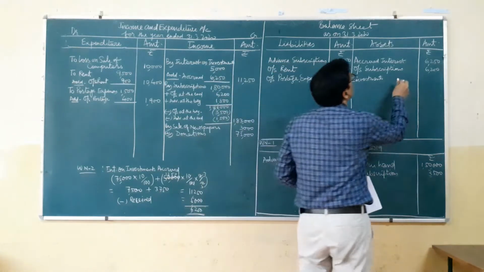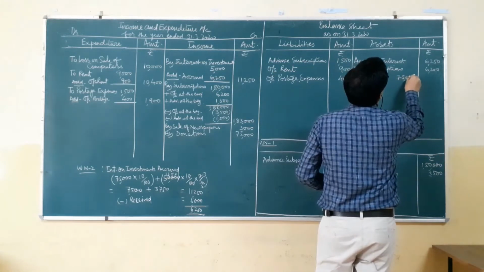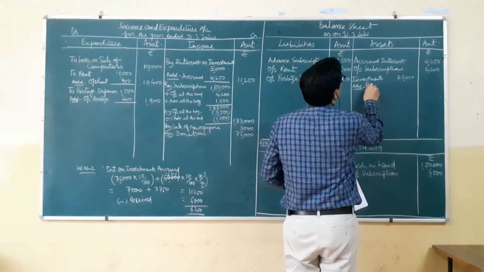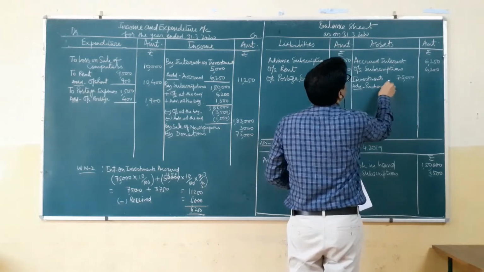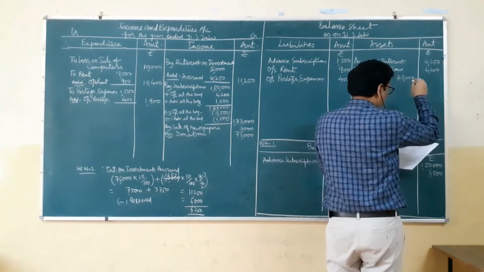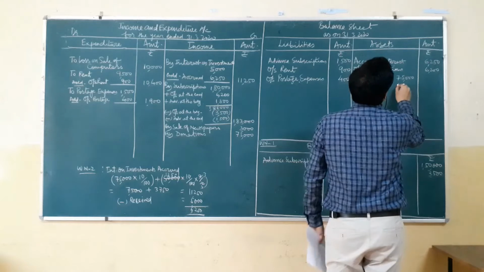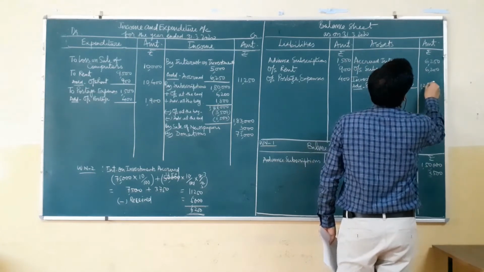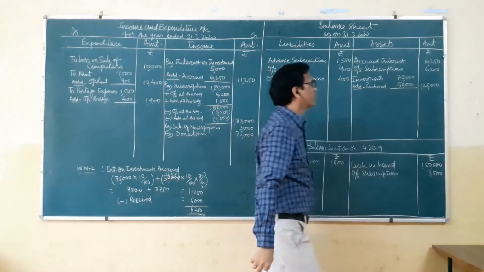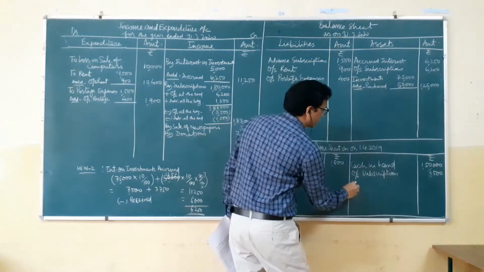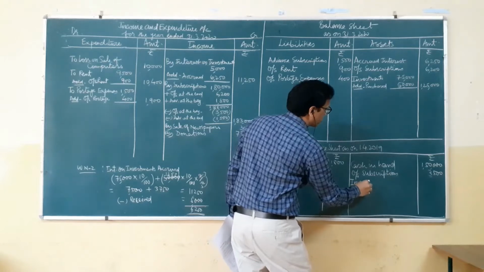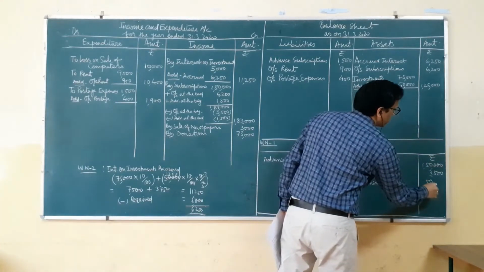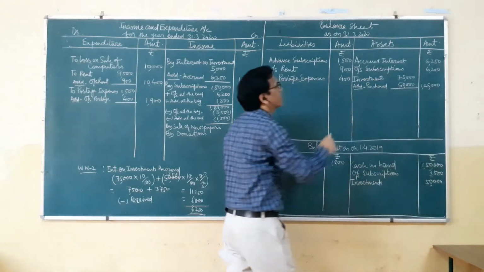So already 75,000 rupees of investments are there with us, plus purchase, newly purchased investments of 50,000 rupees from the receipts and payments account. So total investments is 125,000 in the current year. This 75,000 is the investment of previous year. So here we write in the opening balance sheet also 50,000. You can write it as 10% investment also.